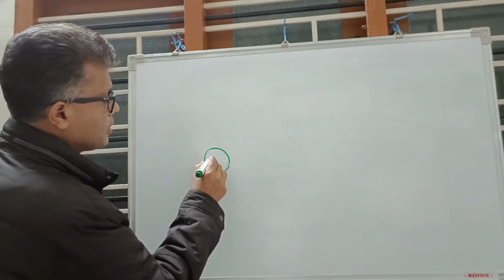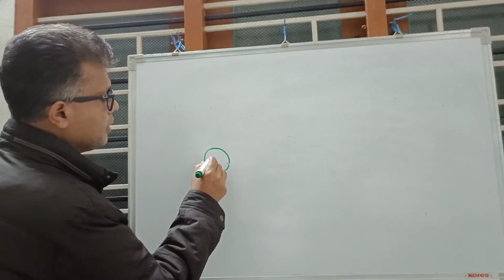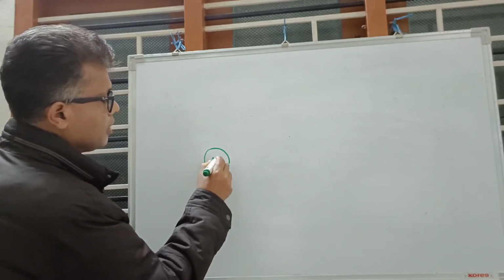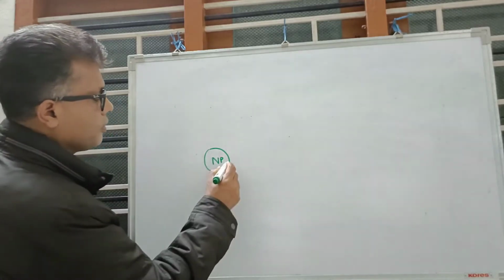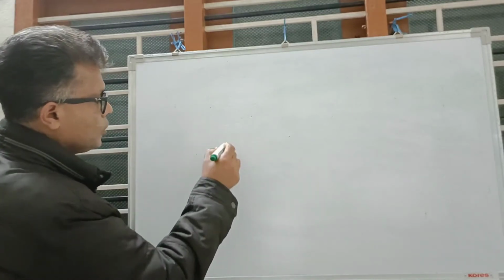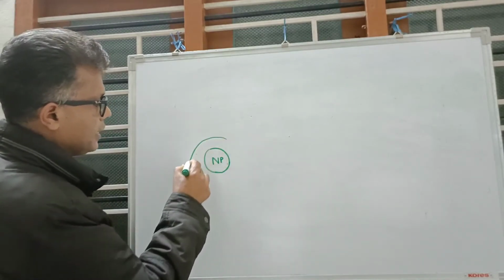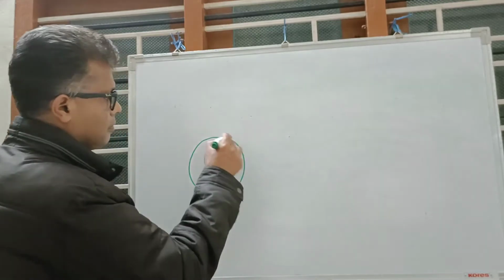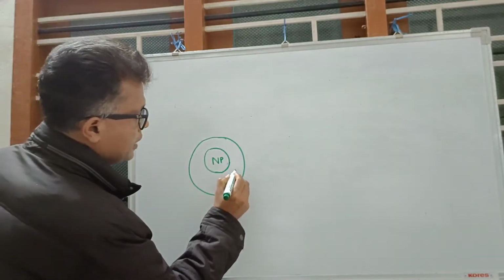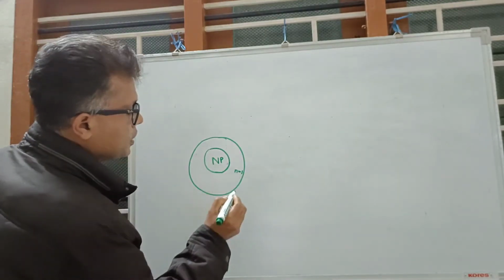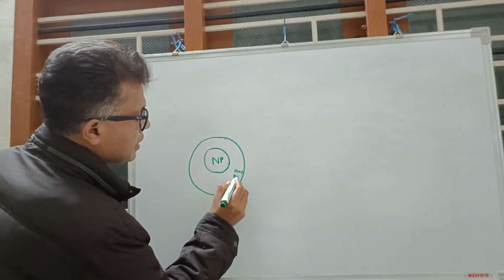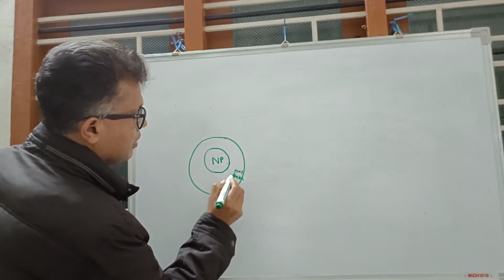This is the nucleus. It has neutrons and protons. Clear, no? This is a nucleus. So I am talking about the first line, it is n is equal to 1. It is also called the base.